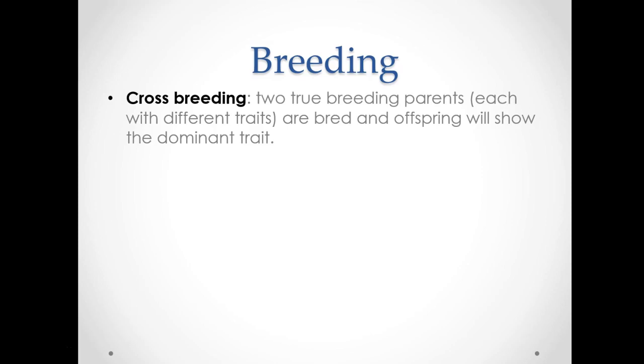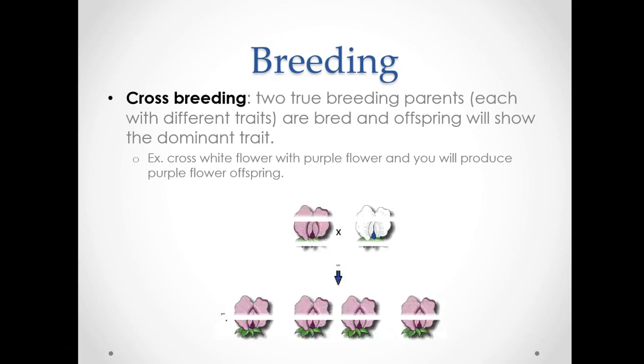So his next step was to crossbreed them. So he took individuals that were true bred for different versions of the trait. So if we took those, let's do the flowers because that's what's used in the example here. If we took those white flowered individuals and we crossed them with purple flowered individuals, as it turns out, we get offspring that have all purple flowers.